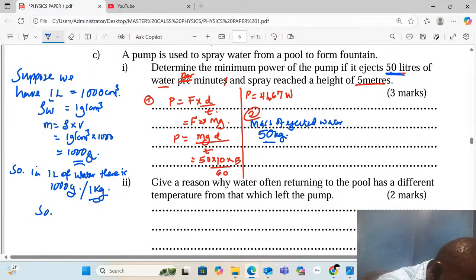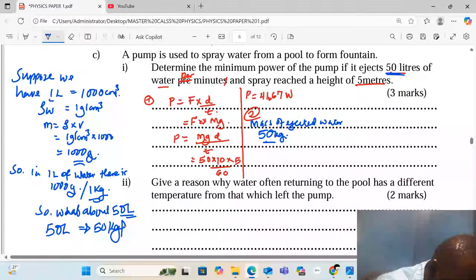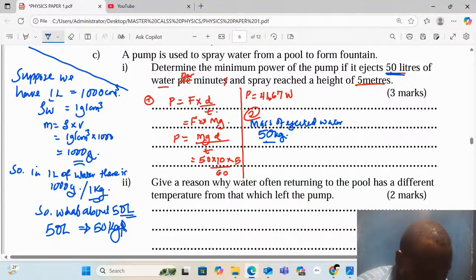So what about 50 liters? Then this will lead us to 50 kilograms of water. So that is where we are supposed to get it. It's simple to use density in units of grams per cubic centimeter.